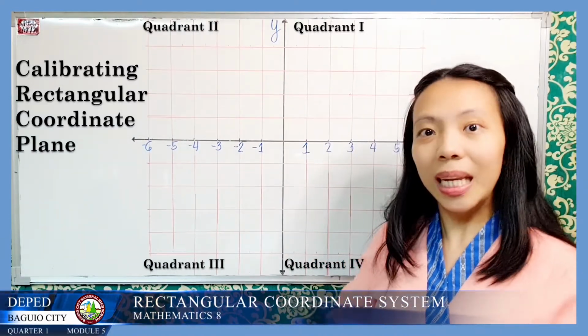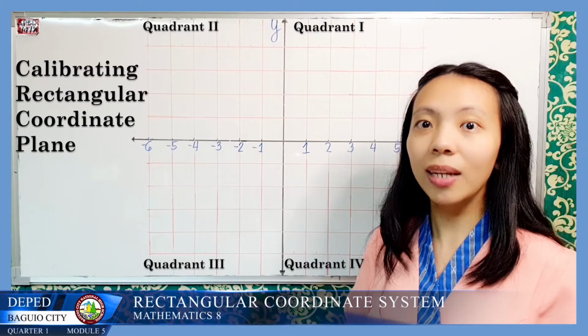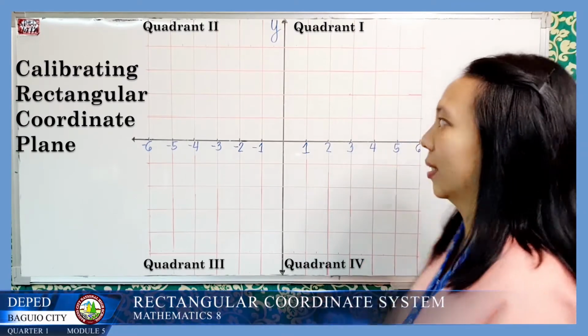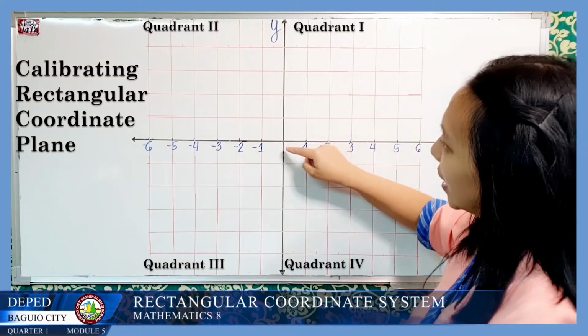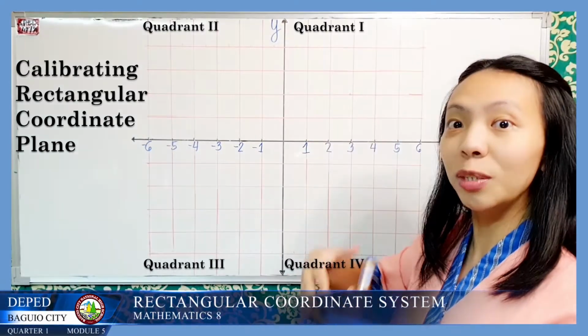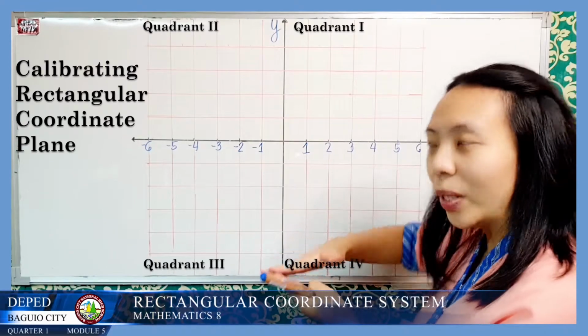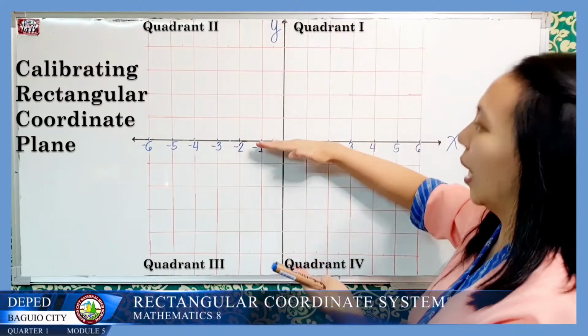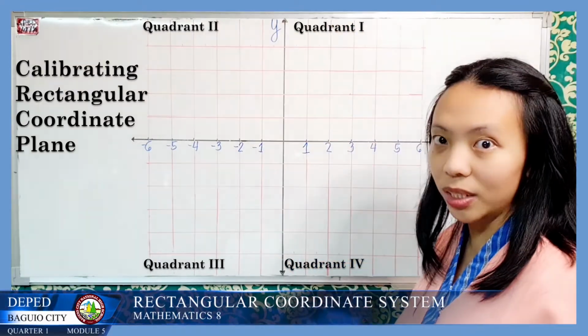This time, let's do the calibration along our y-axis. So, the distance, again, between 2 points should be equal when we go up the origin and when we go down the origin.